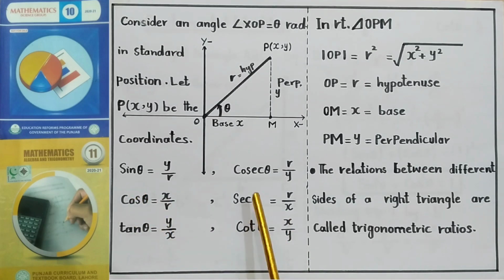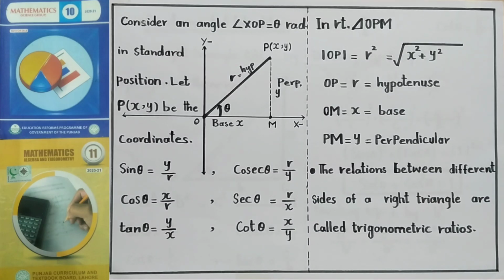So these are the six ratios: three ratios, sin theta, cos theta, tan theta, and their three reciprocals. Sin's reciprocal is cosecant theta, cos's reciprocal is secant theta, tan's reciprocal is cot theta.